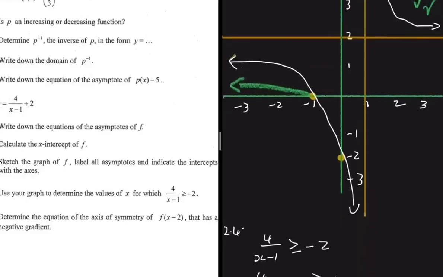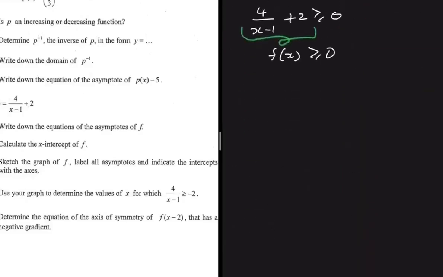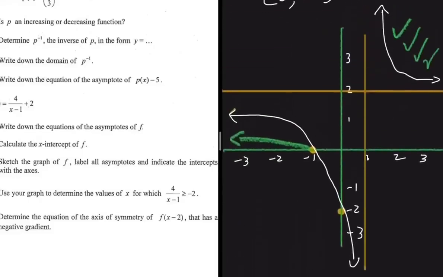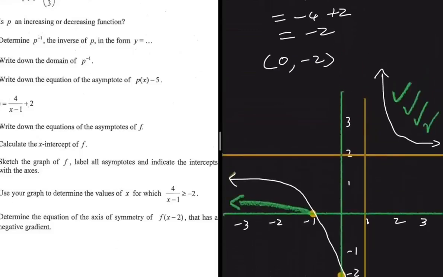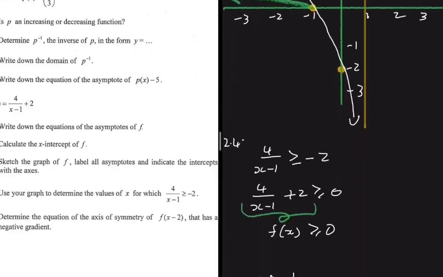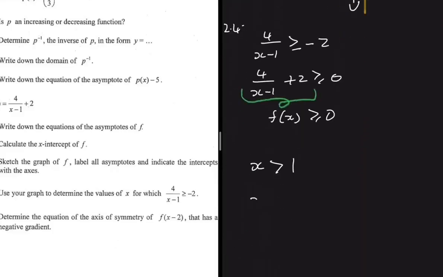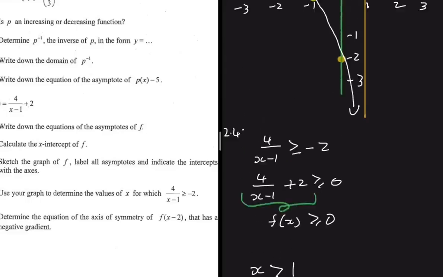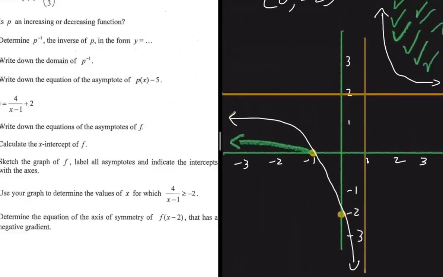So part of our solution is x greater than 1. When x is greater than 1, our function is clearly greater than 0. And when x is less than or equal to minus 1, our function is also greater than 0.